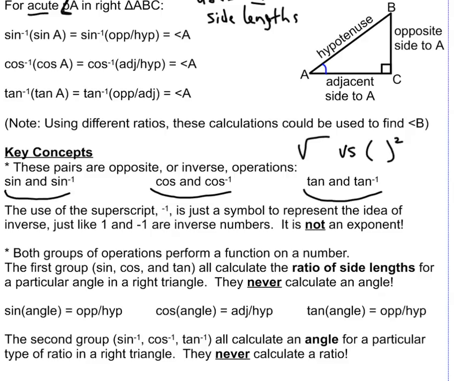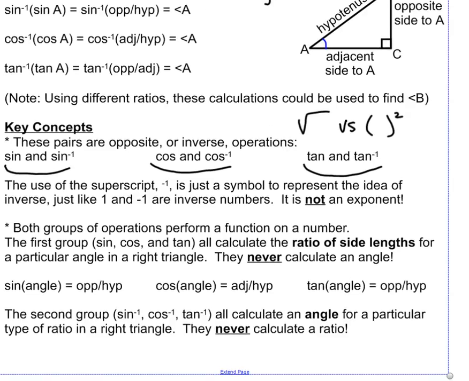The first group, sine, cos, and tan, they all calculate the ratio of side lengths for a particular angle. They never calculate an angle. Okay, so the ratios that they give you, we know that. SOHCAHTOA helps us to remember that set of 3 ratios.